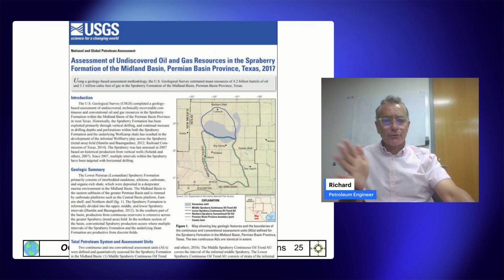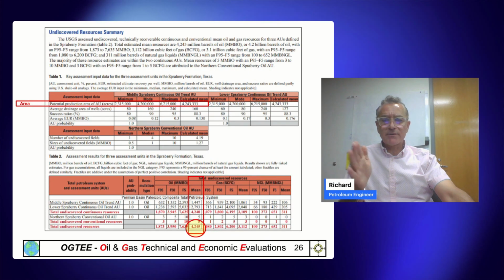Now, I'm not going to go through it. It's exactly the same thing, but I'm just going to show you what we're going to focus on here. This is the Sprayberry. Now we've got approximately 4.2 billion barrels of oil at the P50 mean, and about 3 TCF of gas.